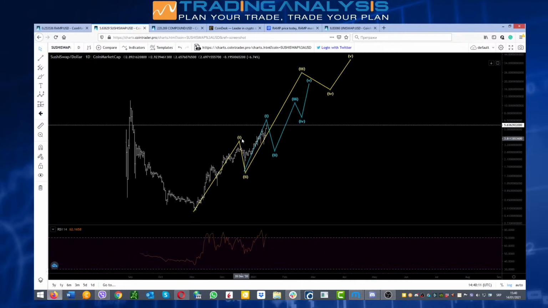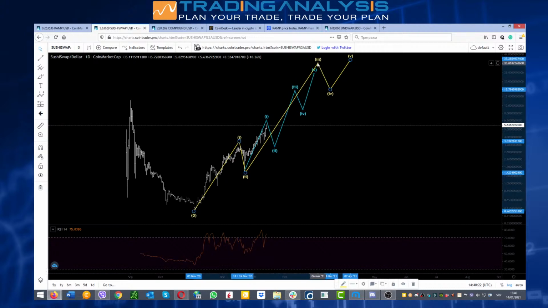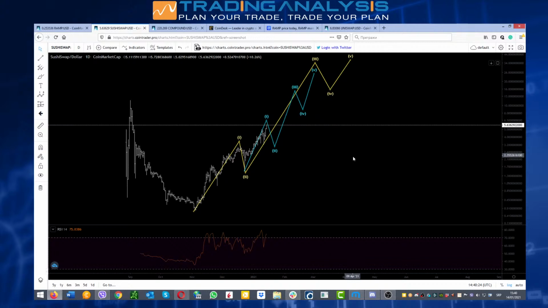So we have a wave 1 down in 2, and then we are working on some first leg of a lesser degree, a small pullback, and then continuations to the upside. So for now I consider this constructive, or constructive in confirmation, I will say. I think that will be a good expression of how we usually look at a possible confirmation of the outlook.